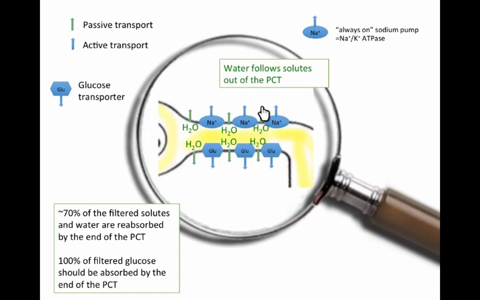So this is a passive transport, and because it will follow till it reaches equilibrium, the same amount of solute and water leaves the proximal tubule. So by the end of the proximal tubule, we still end up with an osmolarity of about 300 milliosmolar.